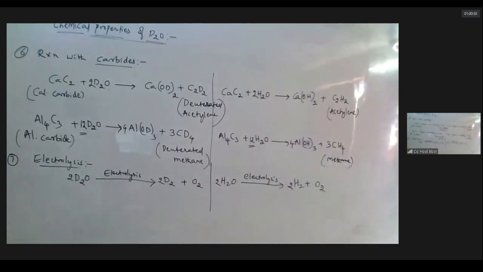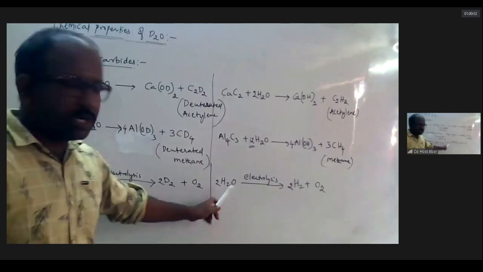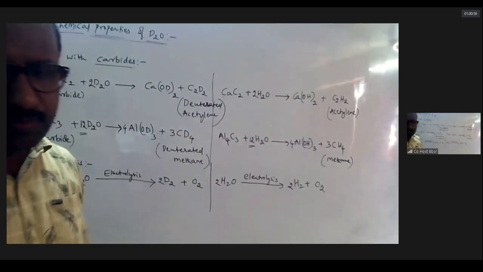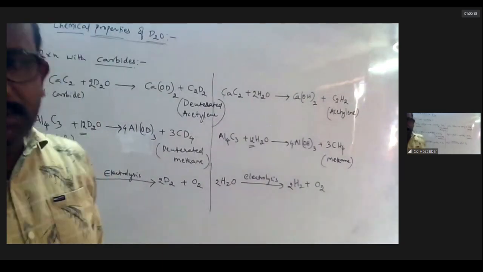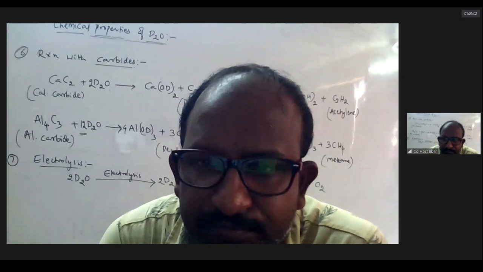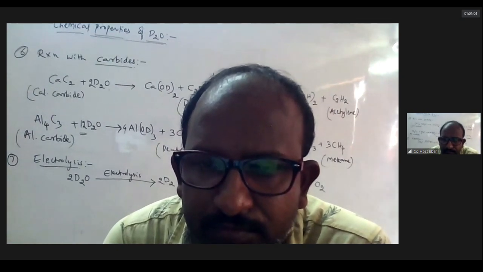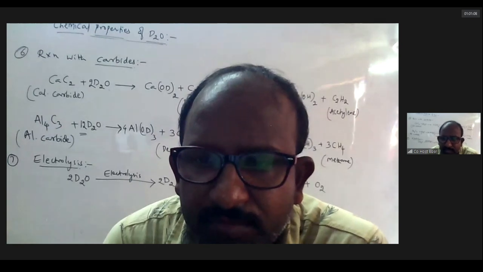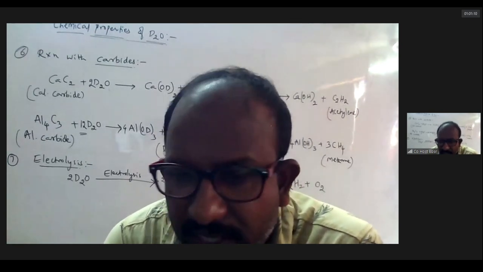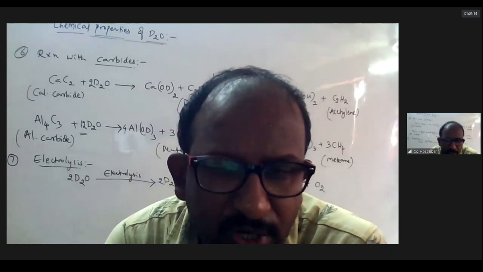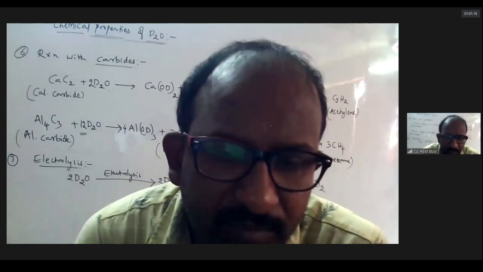Water is also undergoing electrolysis, producing hydrogen and O2. So these are the main chemical reactions of deuterium oxide, right?